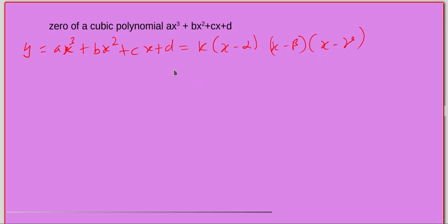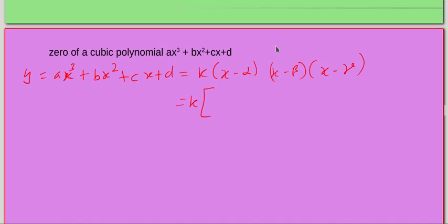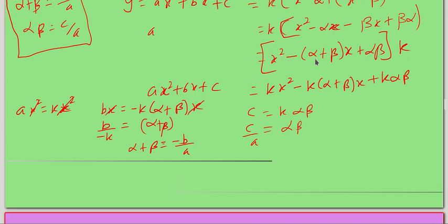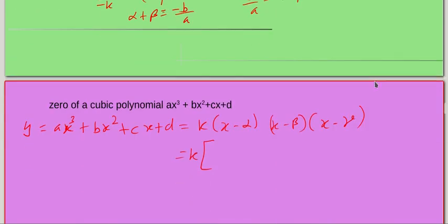Let me multiply everything. k into, we have this product already for the quadratic polynomial. We multiplied already: x square minus alpha plus beta into x plus alpha beta.